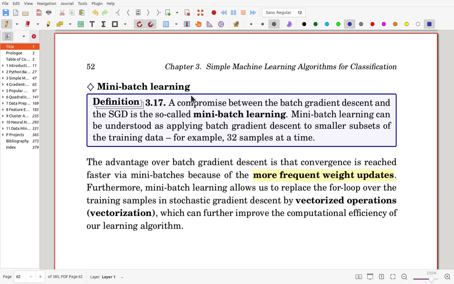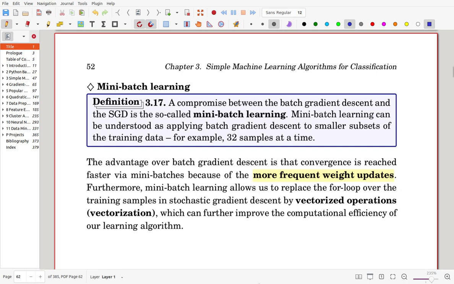So rather than these extreme cases, you may try to use a small number of data points per iteration. That is called mini-batch learning. Mini-batch learning can be understood as applying batch gradient descent to a smaller subset of the training data, for example, 10 samples at a time or 32 samples at a time.